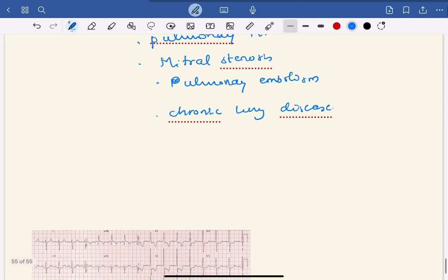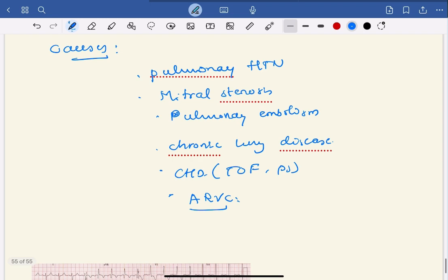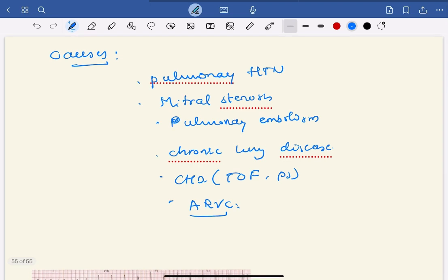That is called cor pulmonale, and congenital heart diseases like tetralogy of Fallot or pulmonary stenosis. Then arrhythmogenic right ventricular cardiomyopathy. So these are the causes of right ventricular hypertrophy.